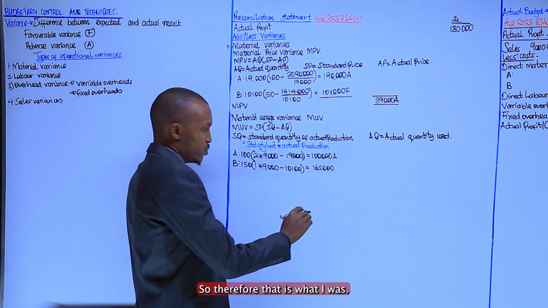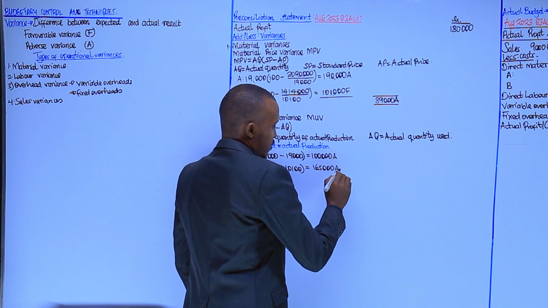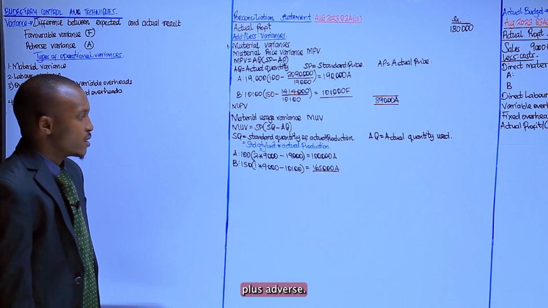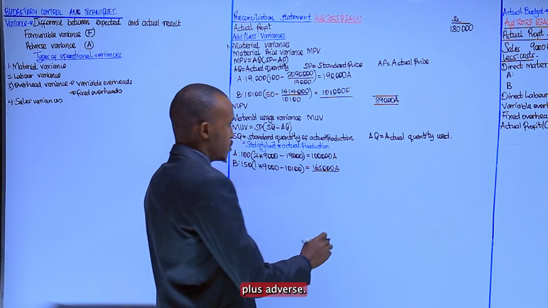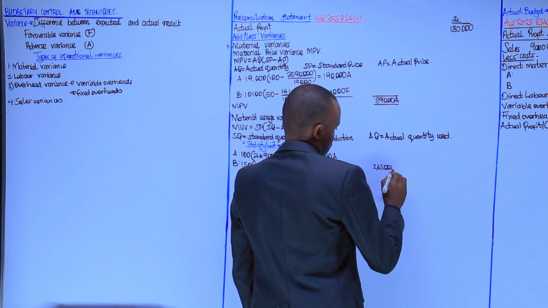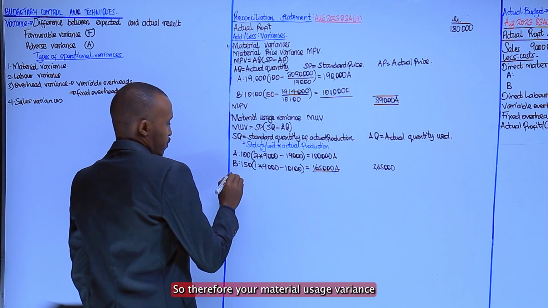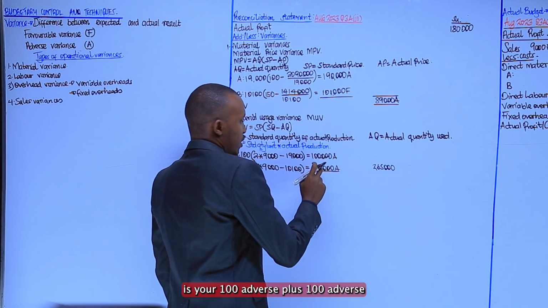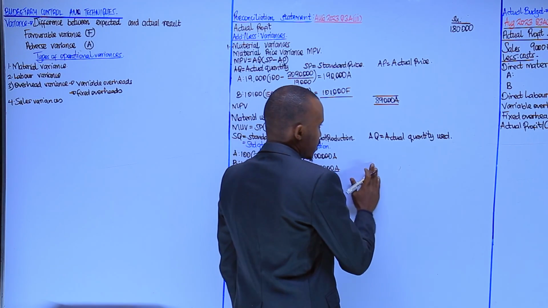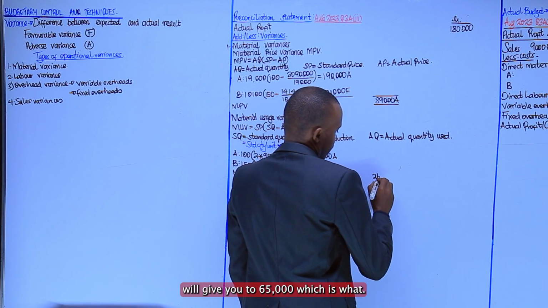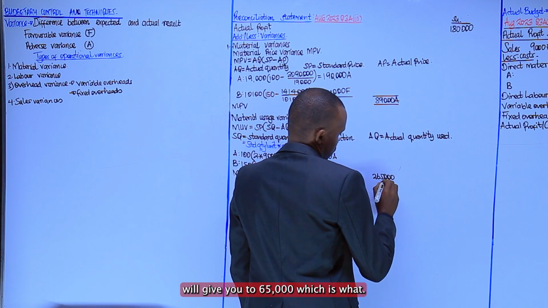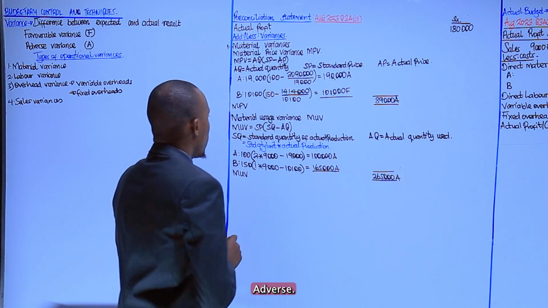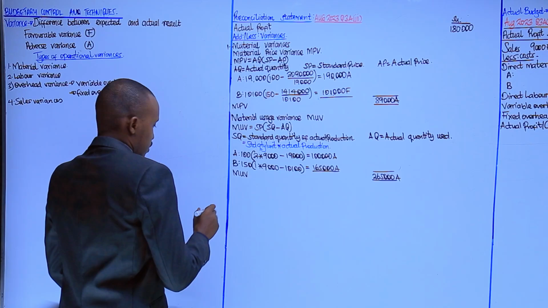So therefore, that is adverse. And then you add adverse plus adverse. So your material usage variance is 100,000 adverse plus 165,000 adverse, which will give you 265,000 adverse.